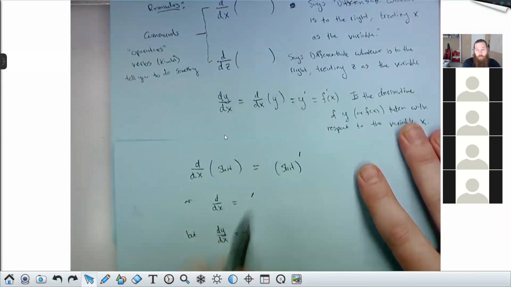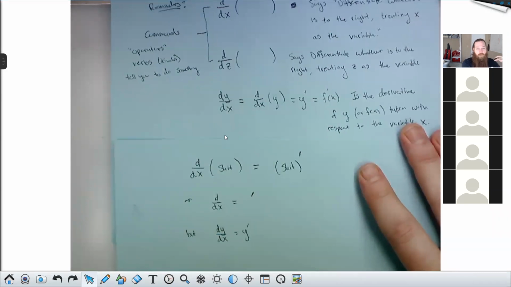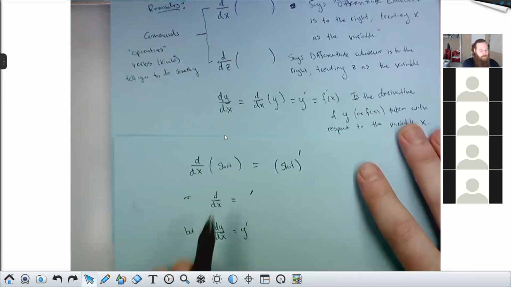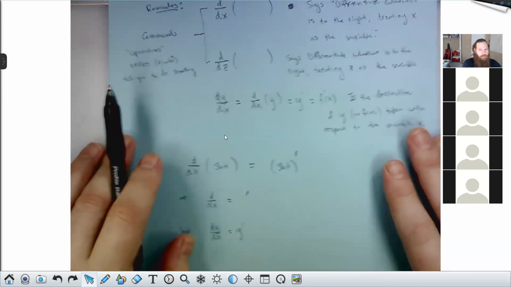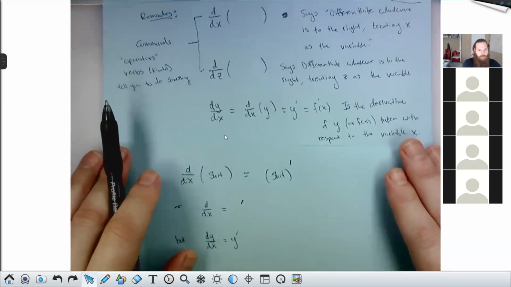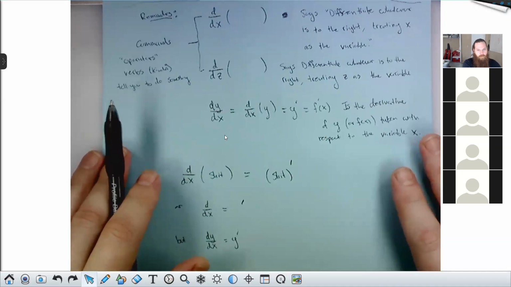It's like, I want to prime this thing, I want to take this derivative. That's what d/dx says. dy/dx says, here's what I got when I differentiated y. Here is what I got after taking this particular thing and priming it. So it's a vocabulary thing, really. It's like we're learning the language of calculus.